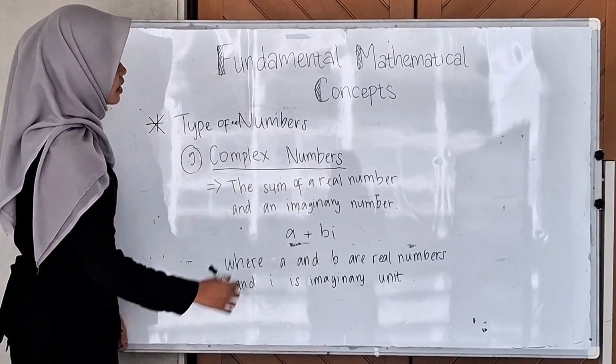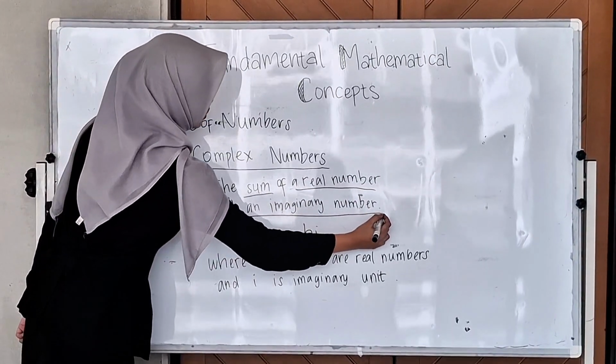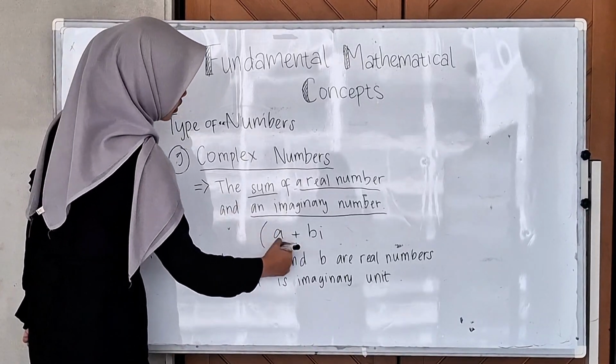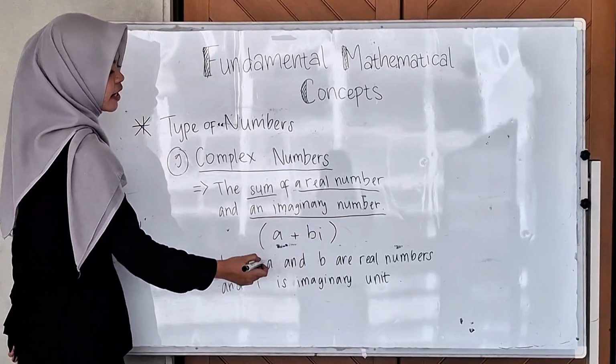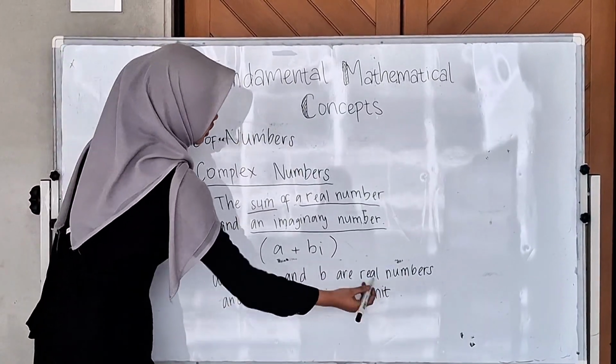Okay, the last one, we have complex numbers. Complex numbers are the sum of a real number and an imaginary number that can be written in the form of a plus bi, where a and b are real numbers and i is imaginary.